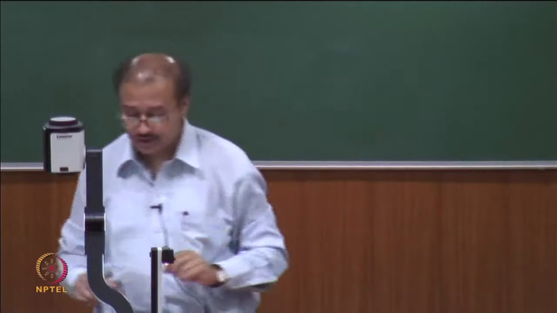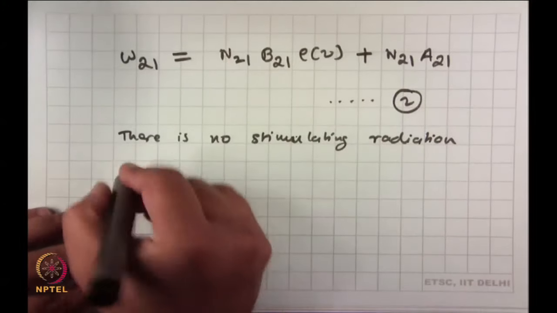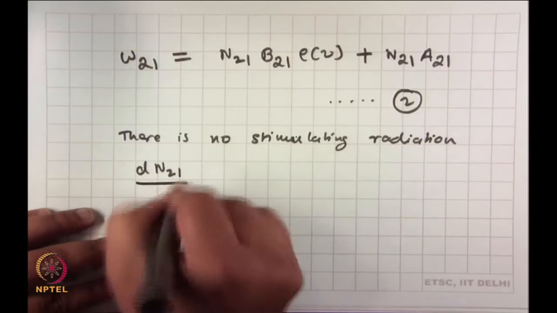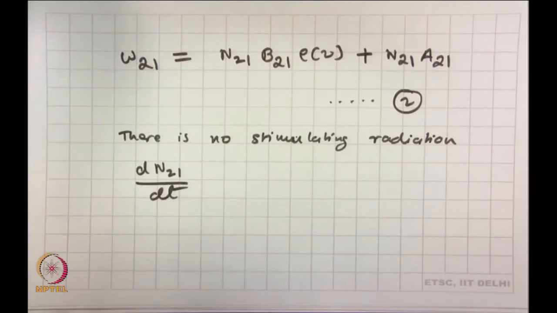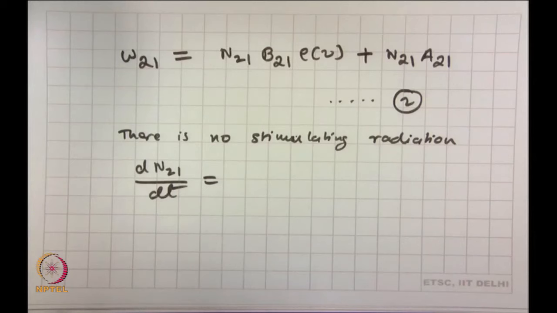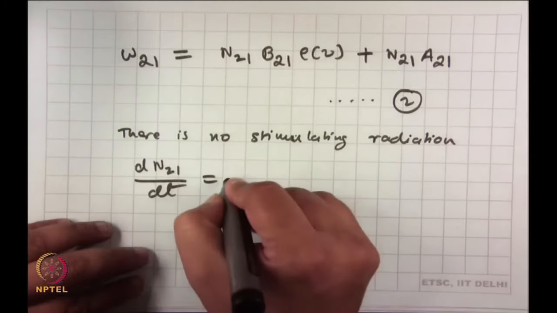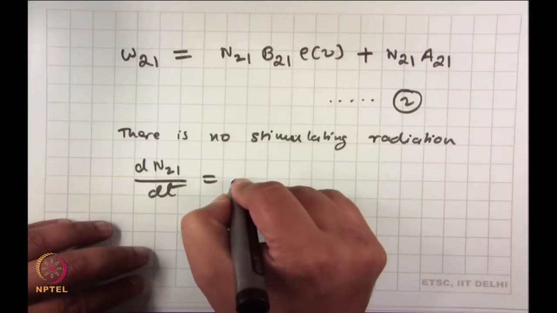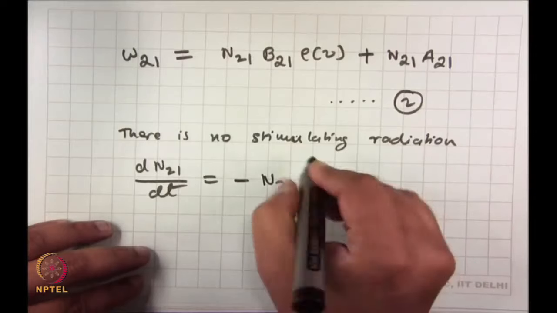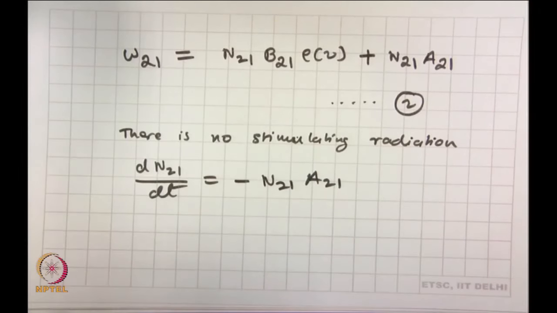So, then what I can write is, if this is the case, d n2 over d t should be equal to, what should I write here? Minus n2 times A21, that is what you do.